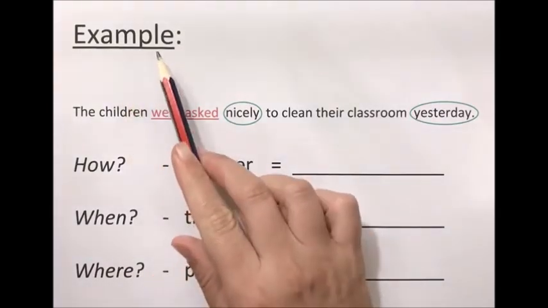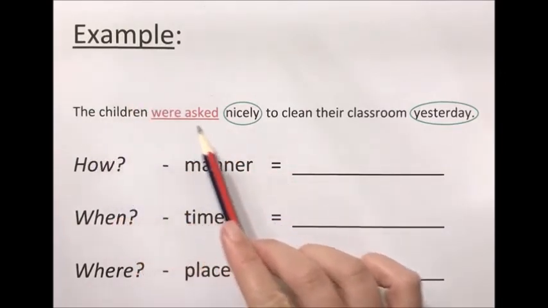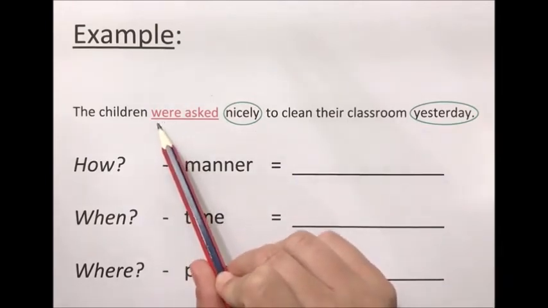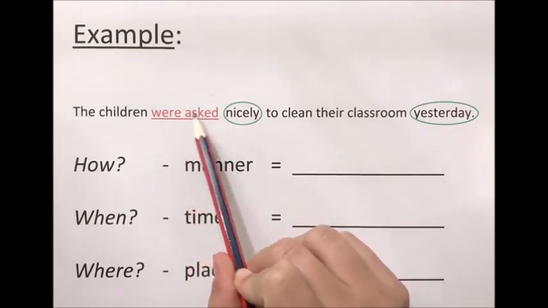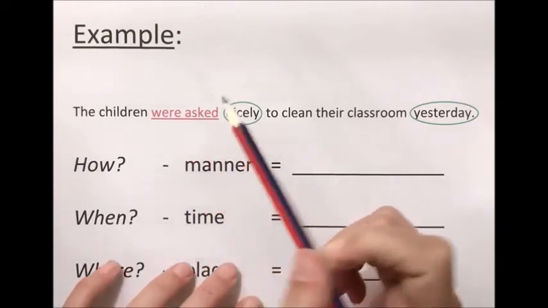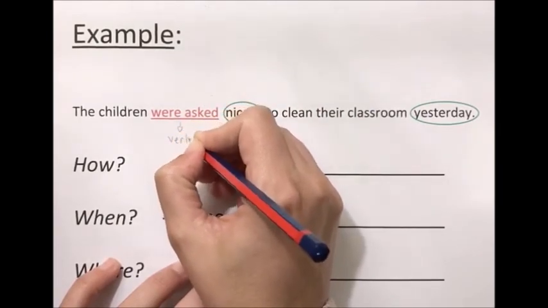So please write the word example, leave a line open, and write this sentence in your books. Then you either underline or write were asked in color, and then make a note that it is the verb.